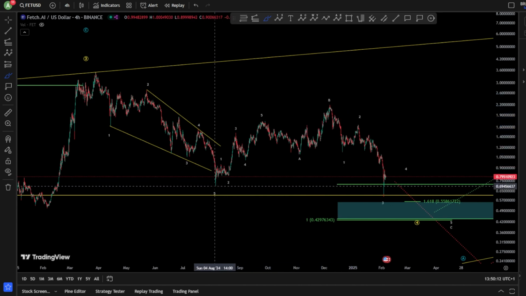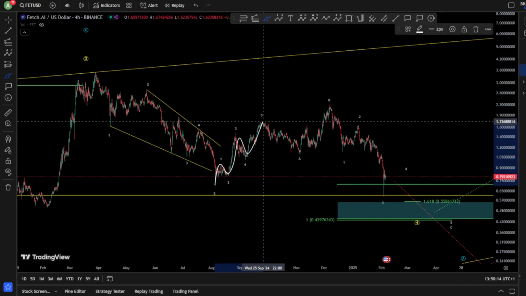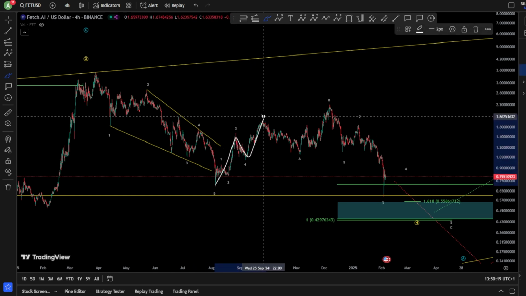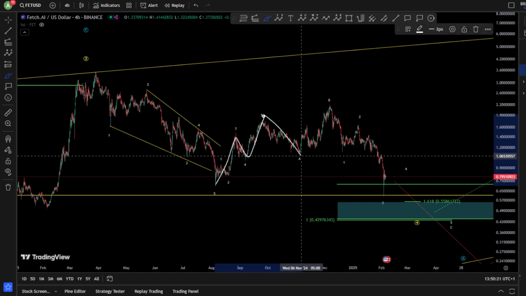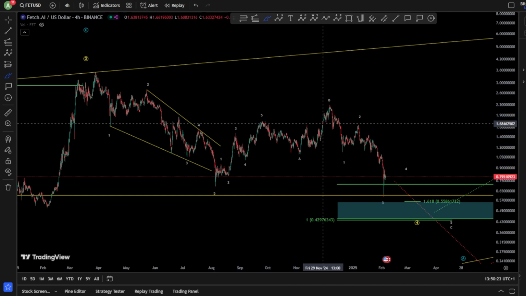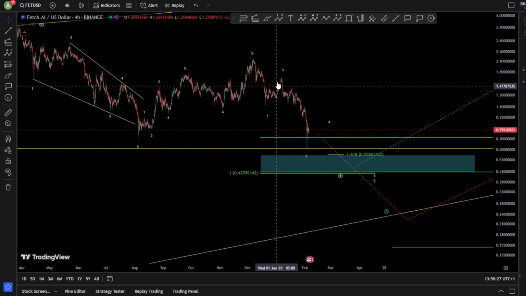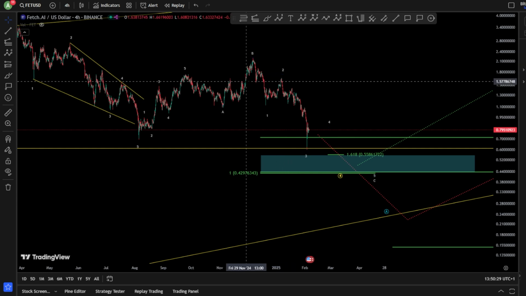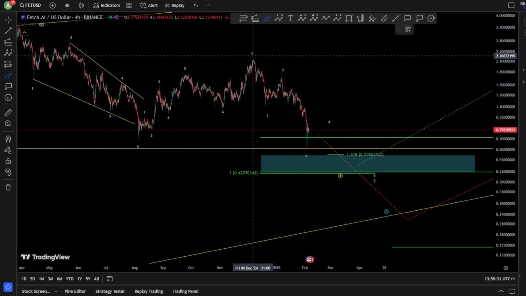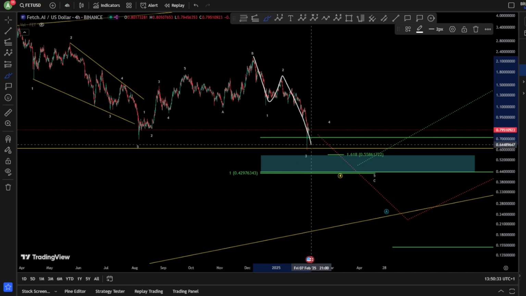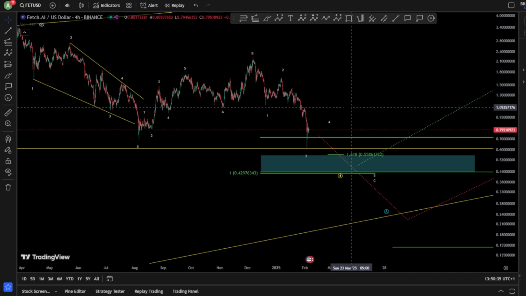I don't know how, but it can still be turning this into WXY, right, for wave A. 3 waves up and then 3 waves down and then 3 waves up, WXY again, and then moving here 1, 2, 3, 4. Your wave 4 has interfered with your wave 1, meaning, of course, it's hard to call a 1, 2, 3, 4, and a 5 still.